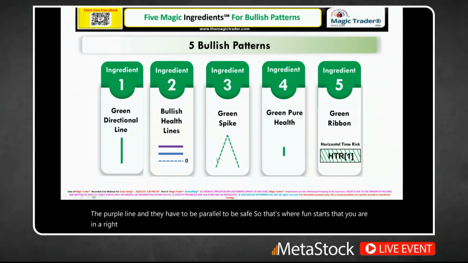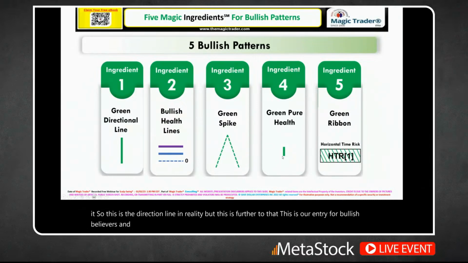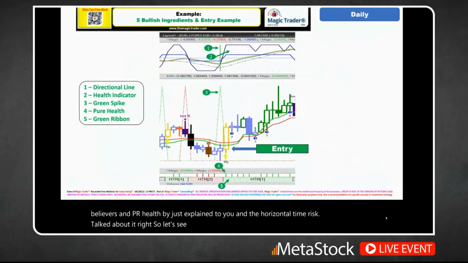This is the direction line or direction spike, right? So this is where we are entering in. This is an entry for bullish believers. And pure health, I just explained to you, and the horizontal time risk, we talked about it, right? So let's see what we can do.